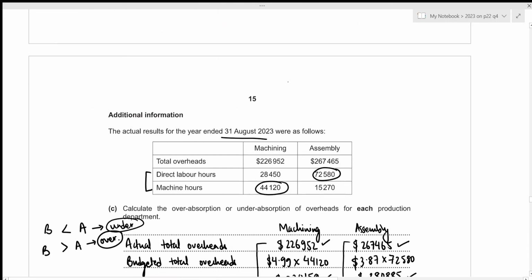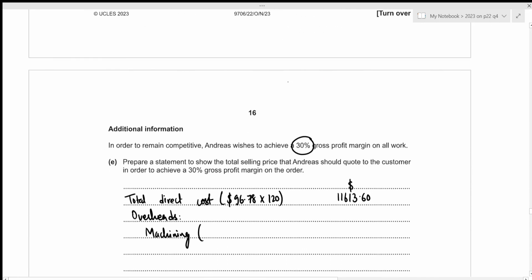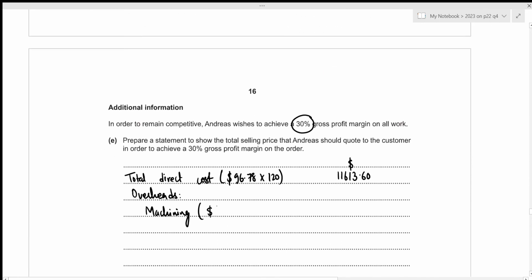And we're talking about 120 units. So that will just be our overhead absorption rate of 4.99 multiplied by the time, which was 20 minutes divided by 60 minutes. This is the application of unitary method. Then we need to multiply by the total units so that we get the total overheads. And for machining department, it is just going to be 119.60.